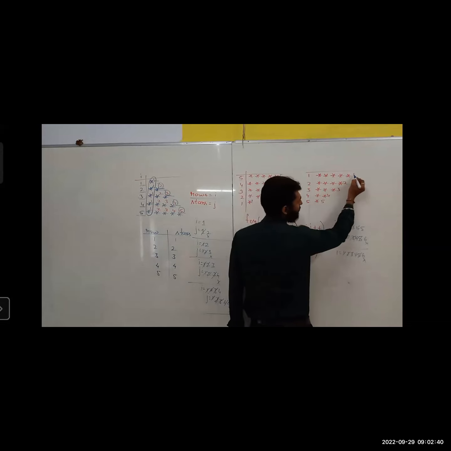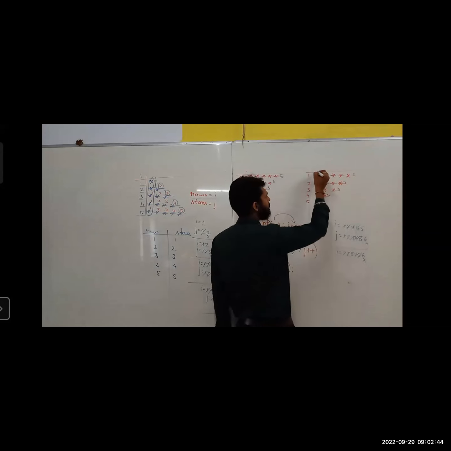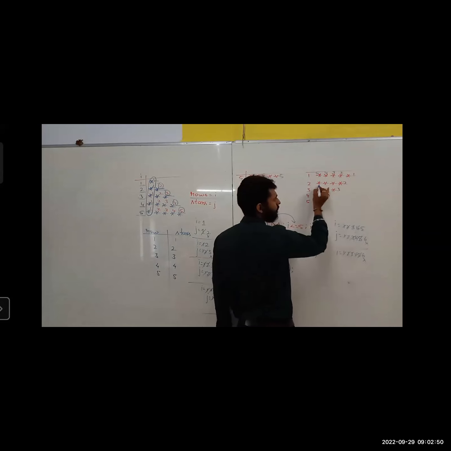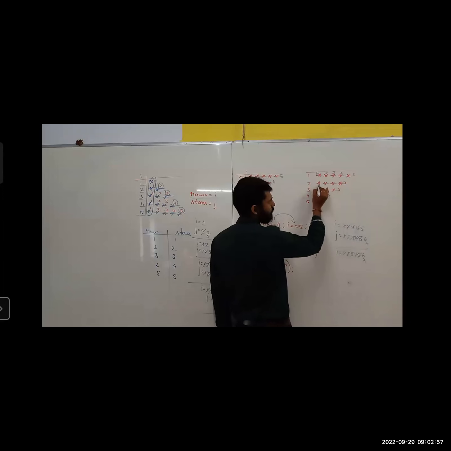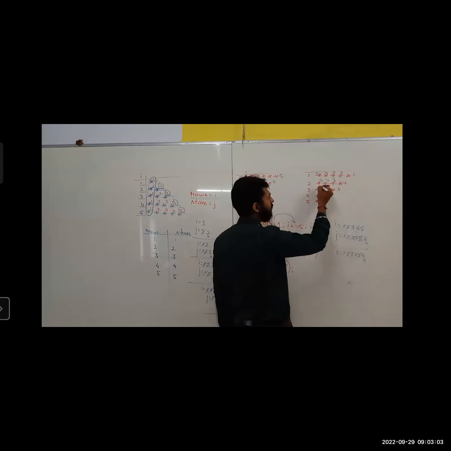If this is coming as 1, what should this be? Quite obvious, it should be 5, 4, 3, 2, 1. If this is 2, what should this be? By default, it will be 5 only. Means in every row, it will start from the same value.